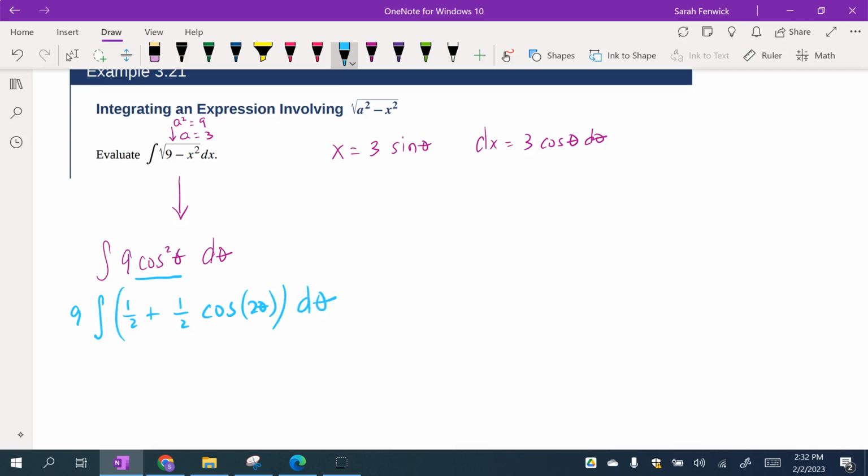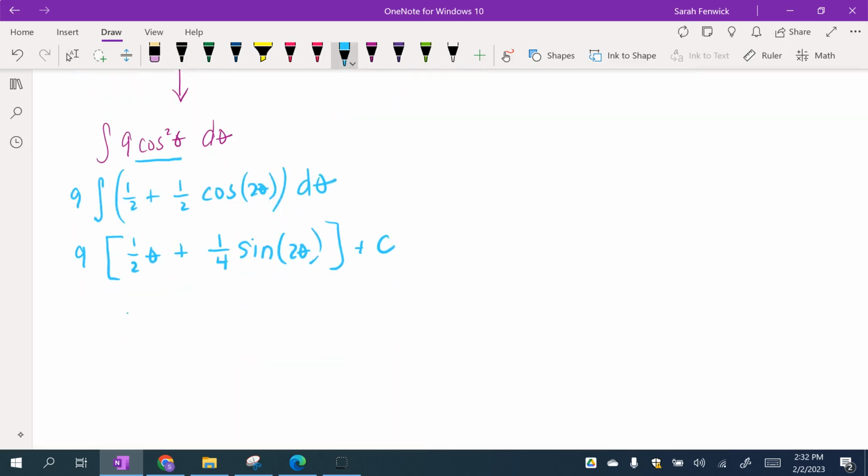And when we integrate that, we have 1/2 theta plus 1/4 sine 2 theta plus c. Distribute your 9 in here. So 9/2 theta plus 9/4 sine 2 theta plus c.